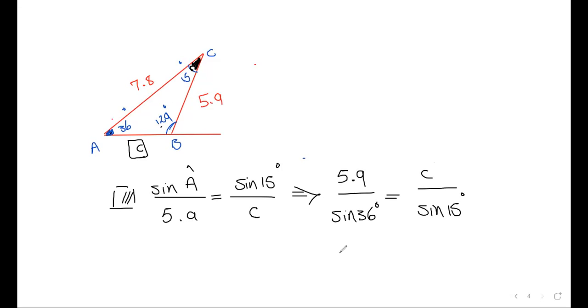Then I'm going to isolate C. C equals sine 15 times 5.9 over sine 36, which gives me about 2.59. Let's say 2.6 meters. We put sine 15 and sine 36 in the calculator, and we simply multiply these together, and we get C equal to 2.6 meters.